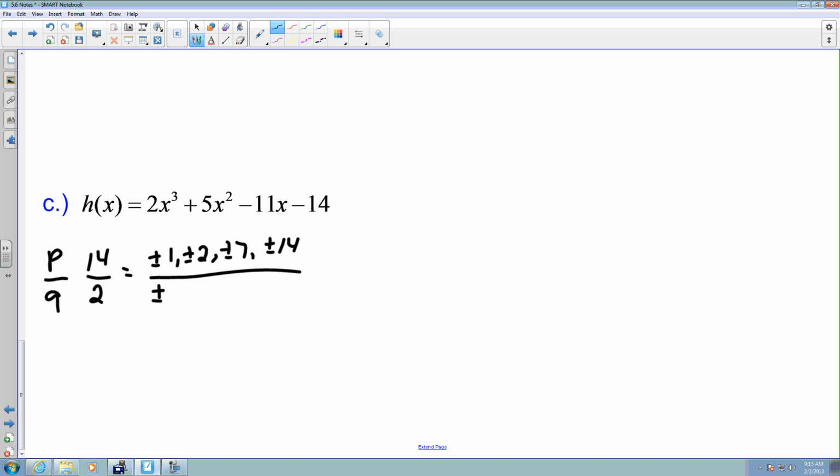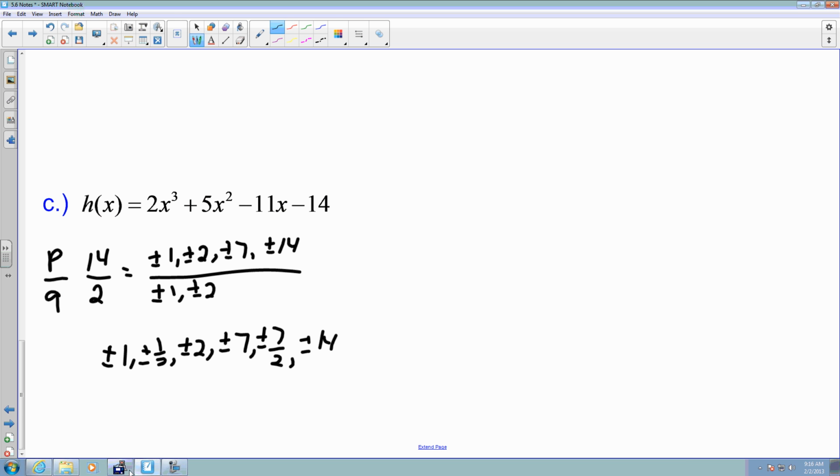Down here is ±1, ±2. So the list of possible ones would be ±1, ±1/2, ±2, and then ±1 is repeated, ±7, ±7/2, and ±14.